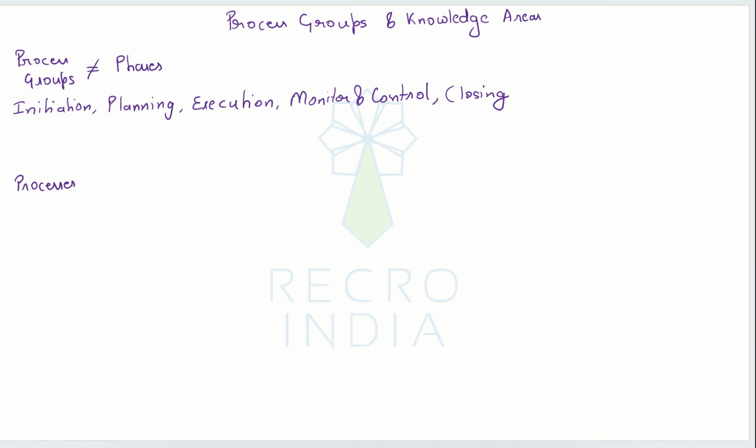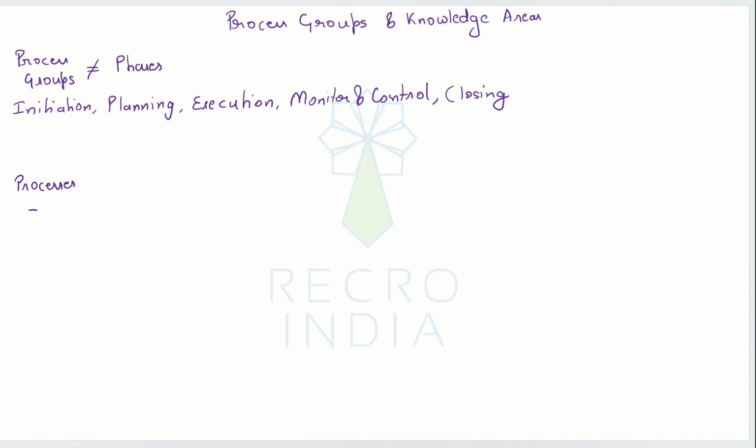Basically, a process is a set of activities that helps you convert inputs into outputs using tools and techniques. In that respect, PMI defines processes which help us perform various project management activities.